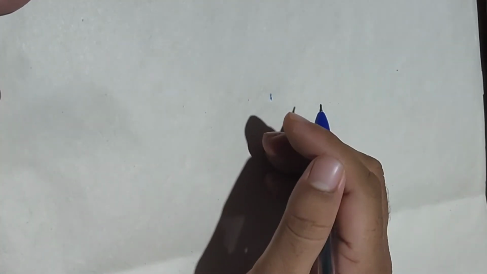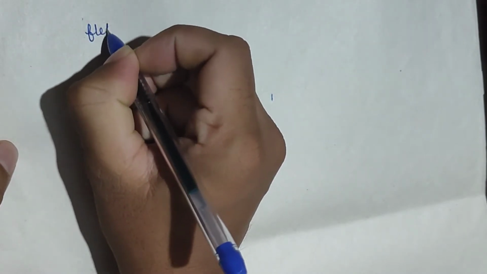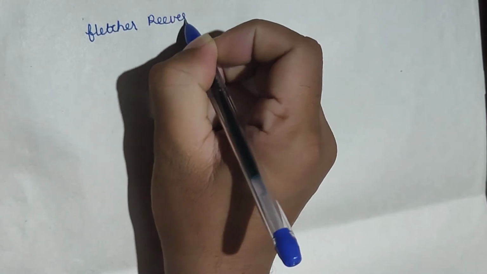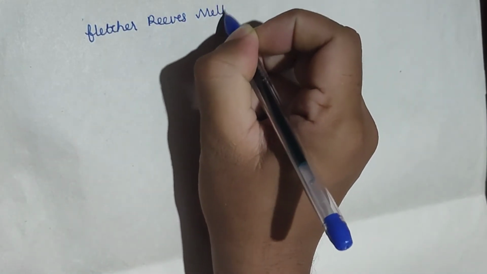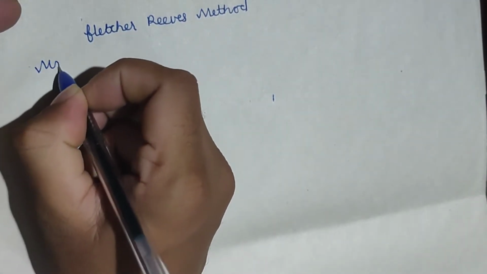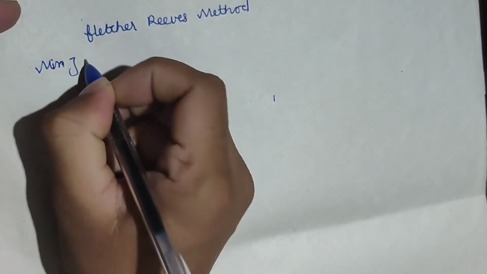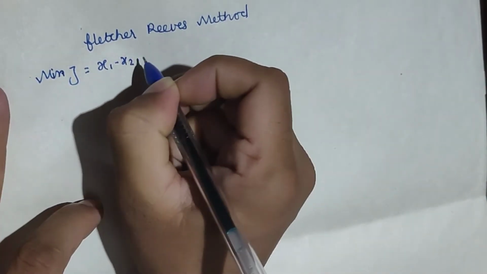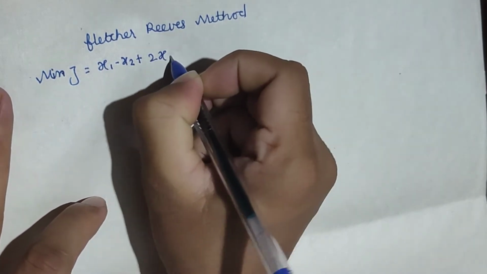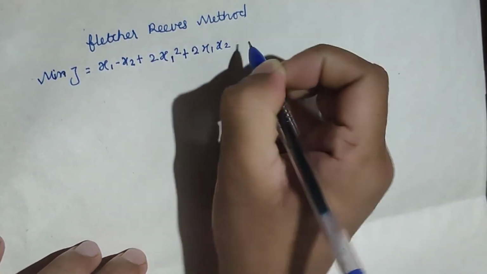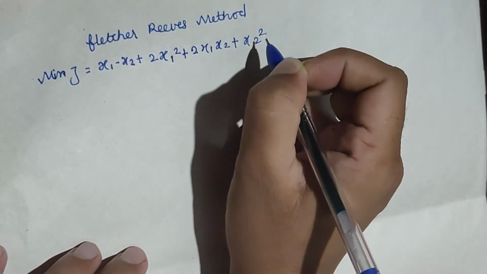Hello guys, today we are going to discuss the Fletcher-Reeves method. The given objective function for this problem is minimization of z equals x1 minus x2 plus 2x1 square plus 2x1 x2 plus x2 square.